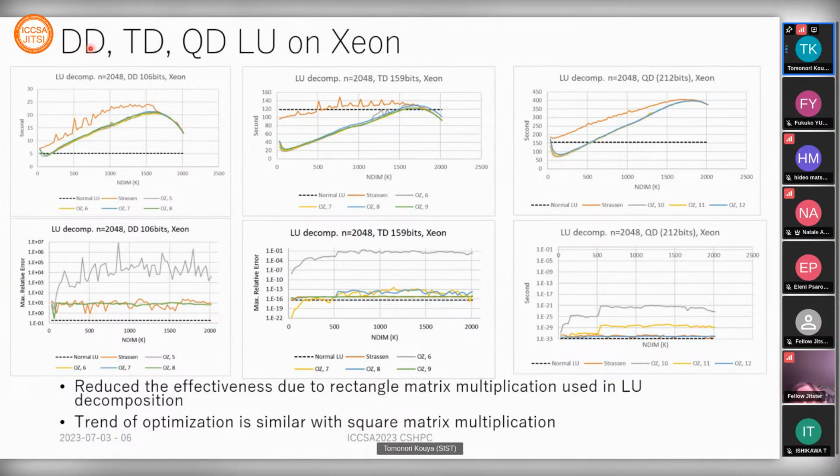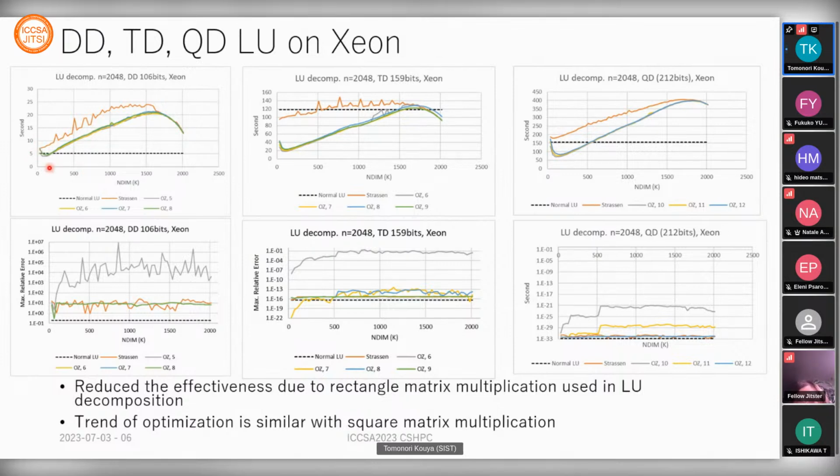This figure shows the benchmark test result obtained with the Ozaki scheme. In double-double, triple-double, and quadruple-double LU decomposition on the Xeon environment, the Ozaki scheme can be faster than normal LU decomposition. But in double-double precision, the area where LU decomposition with the Ozaki scheme is faster is very narrow, like this.